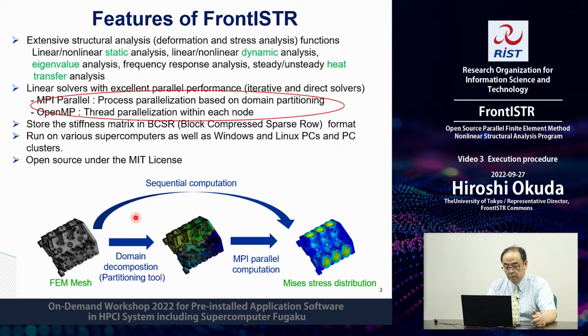So you need to do the partitioning beforehand. Once you have prepared the bunch of subdomains, you are ready to start the parallel computation, and the computation of each subdomain is taken care of by each MPI process.